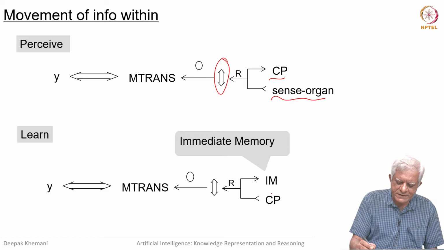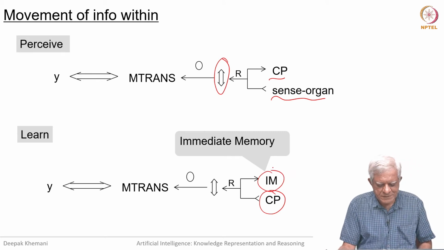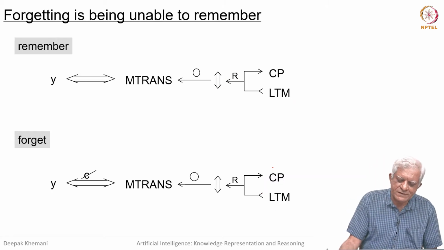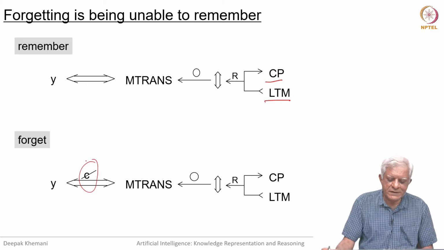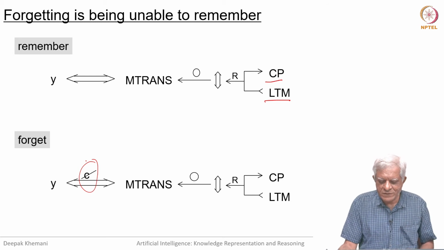Learn something is that you move it from your conscious processor to your immediate memory. Remembering, we have already seen, is moving from the long term memory to the conscious processor. Forgetting is being unable to move it from long term memory to the conscious processor.